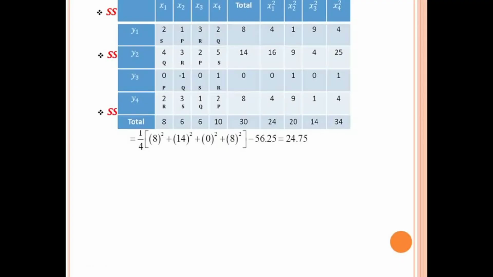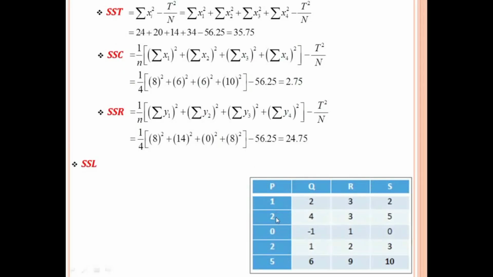What is the P value in the first row? 1. Second row 2. Third row 0. Fourth row 2. So we get 1, 2, 0, 2. Similarly, we arrange the second letter Q row wise. In the first row, the Q value is 2, second row 4, third row 0, fourth row 1.